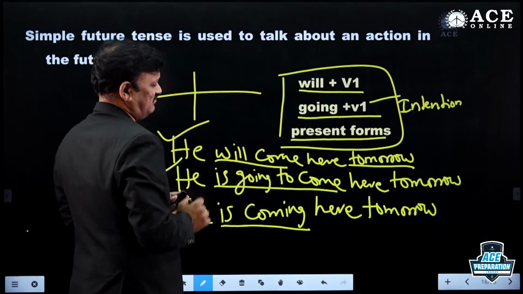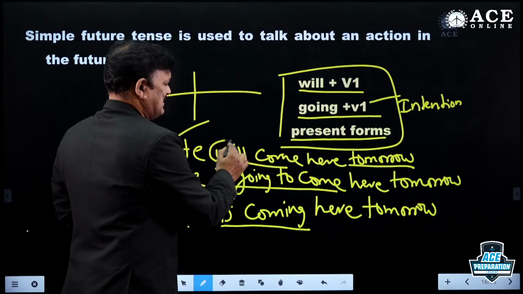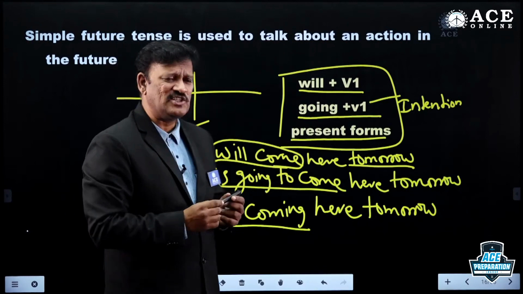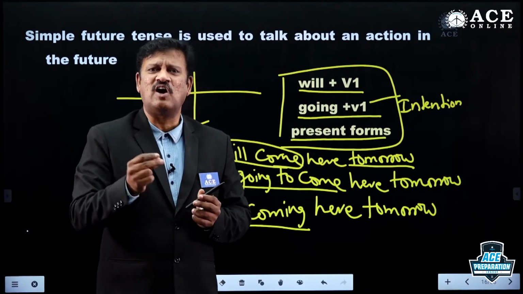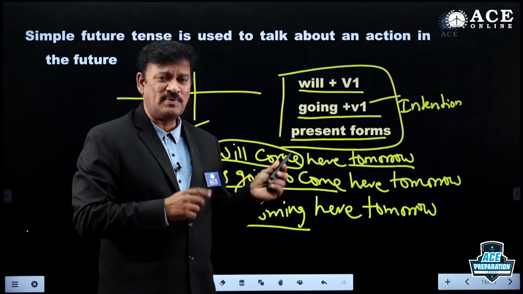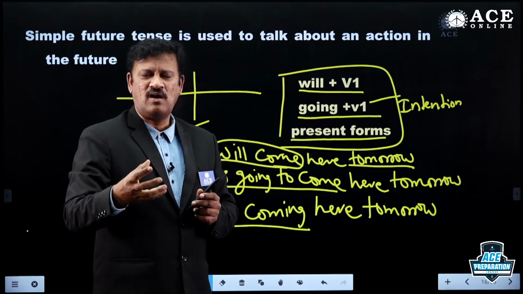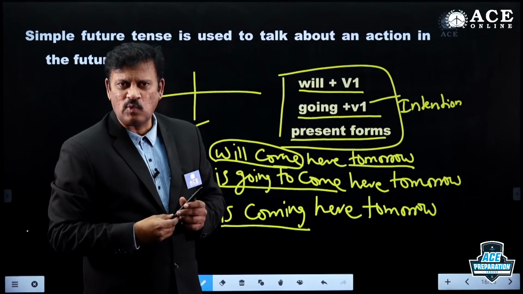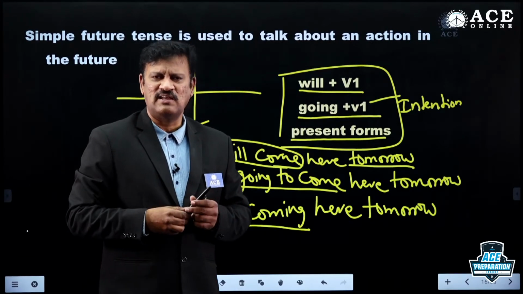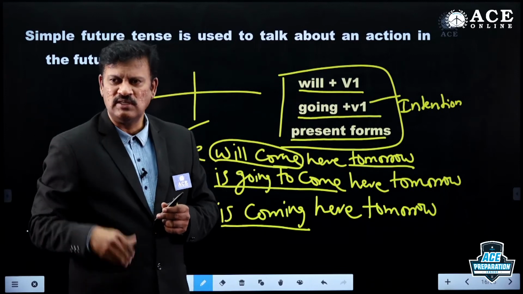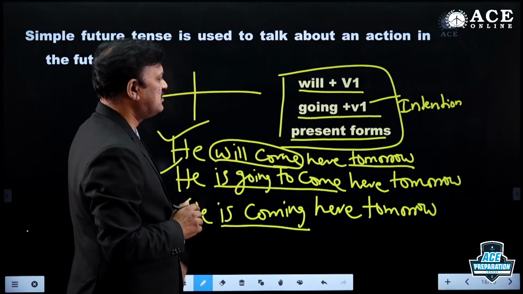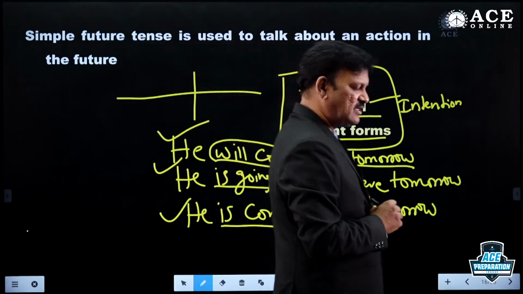What about this one? This one, guys, is used when I talk about something on the spot, where there is no preparation, no background. On the spot, somebody comes to me and says, would you like to have a glass of water? I may say, yeah, I'll go out, he'll come. So it is an on-the-spot decision about the future, right?